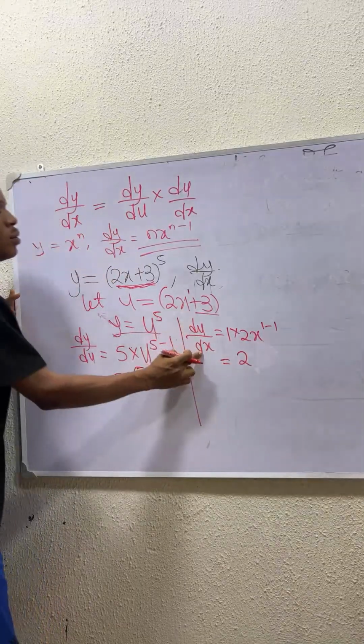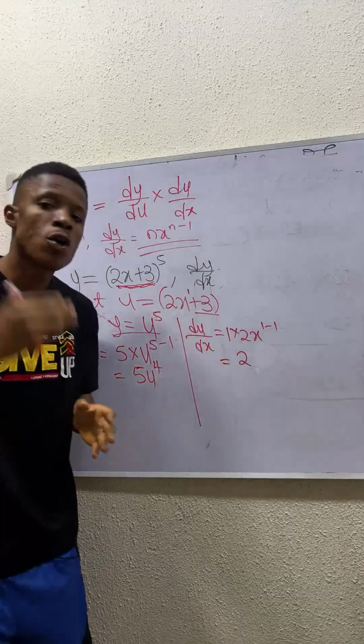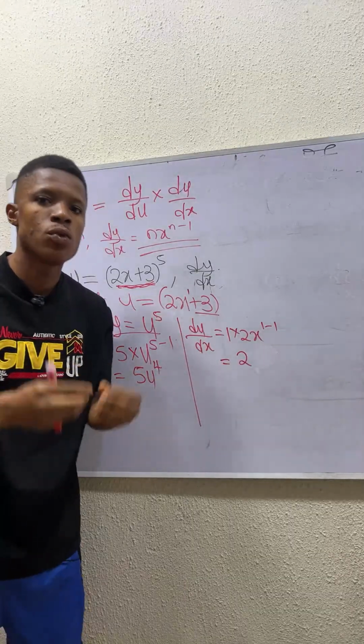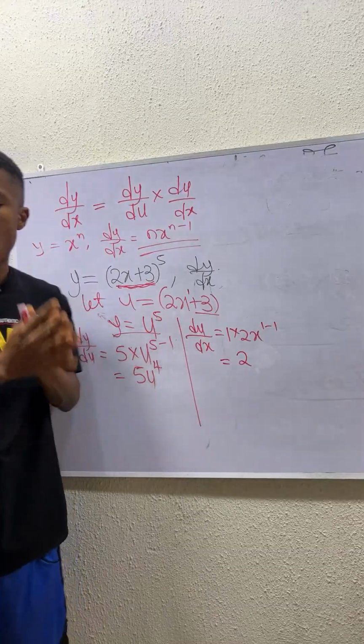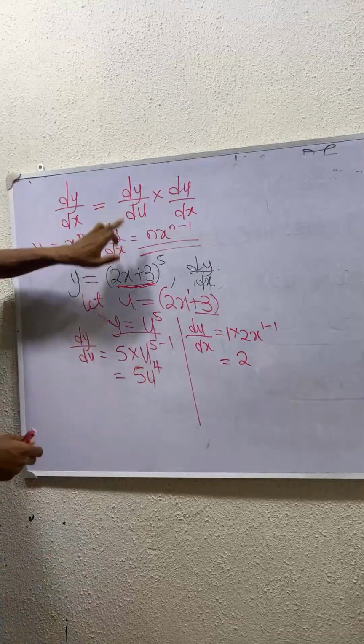So differentiating y with respect to x is 2. But remember, our goal is to differentiate y with respect to x, and this is the function.